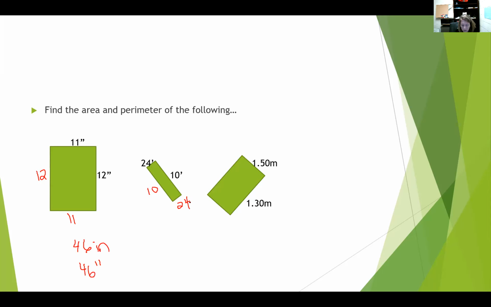This is 24. 24 plus 24 plus 10 plus 10, which is 20. It's going to give you 68 feet. And then 1.3 meters, 1.5 meters. We want to add all those up. So 1.3 plus 1.3 plus 1.5 plus 1.5. And we get 5.6 meters.